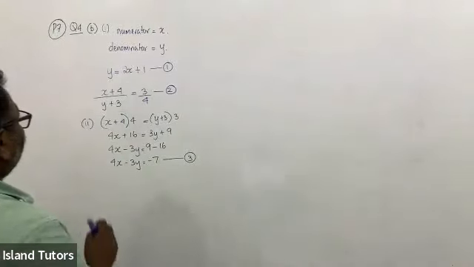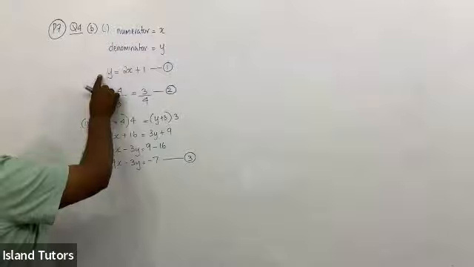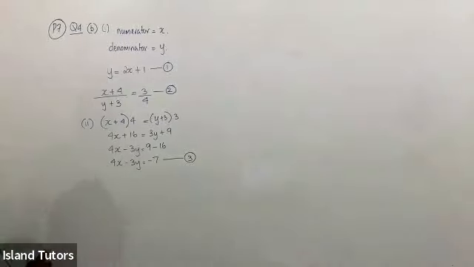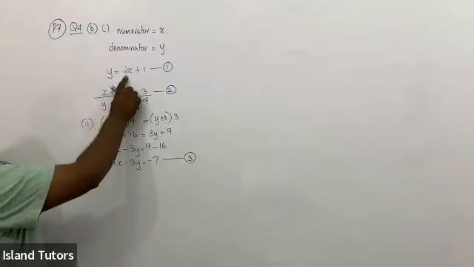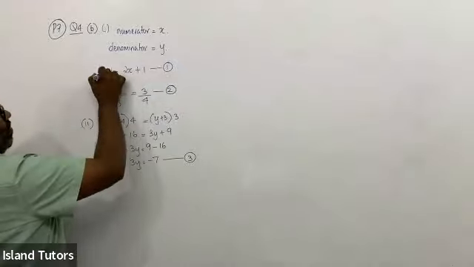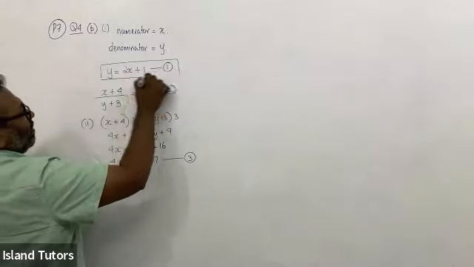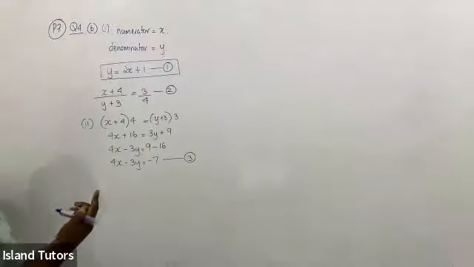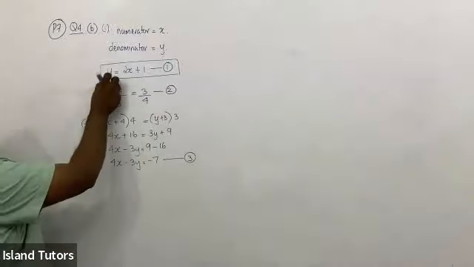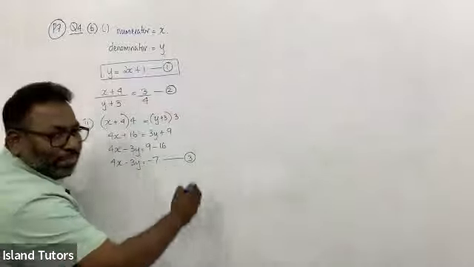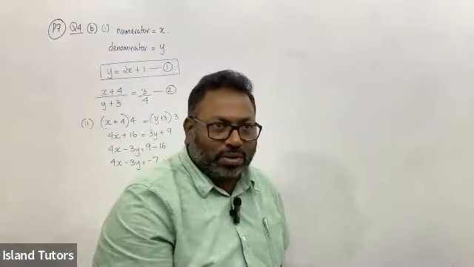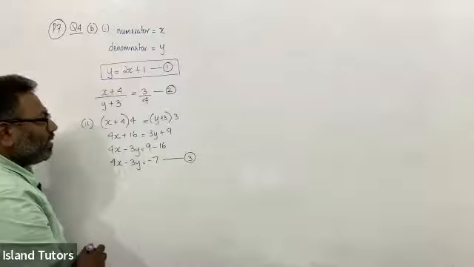Okay. So your first equation is this. Second equation is this. We want to solve, and you can do two things. Either you can plug y into this and use the substitution method. Right? So shall we do the substitution method?